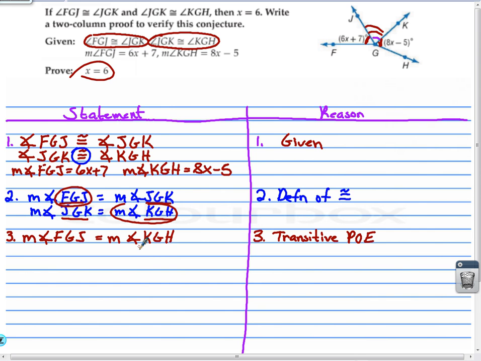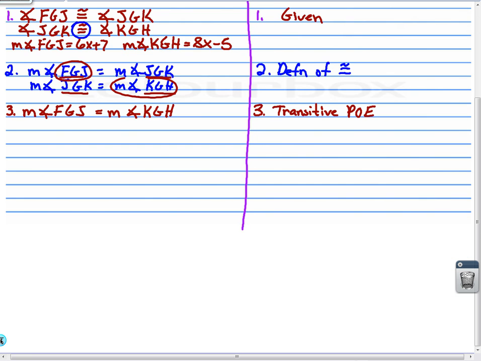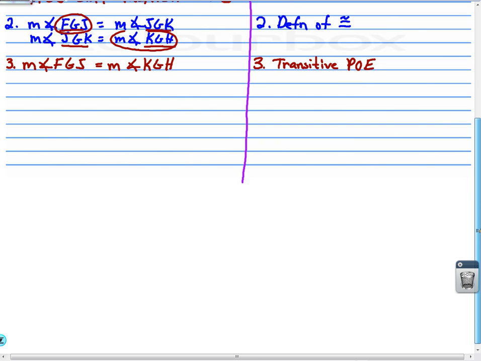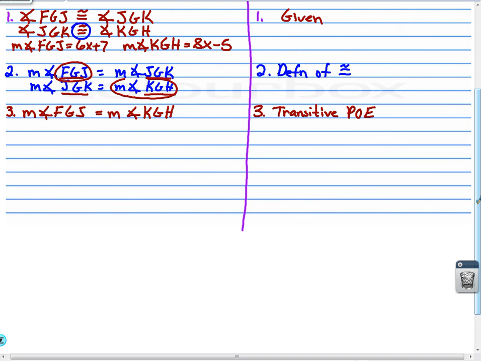So somebody tell me why I can do this. Let's scroll down. Step 4, 6x plus 7 is equal to 8x minus 5. Does anybody know why I can do that? What did I just do?